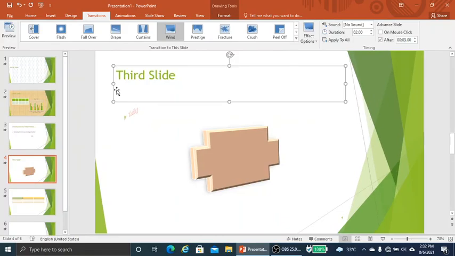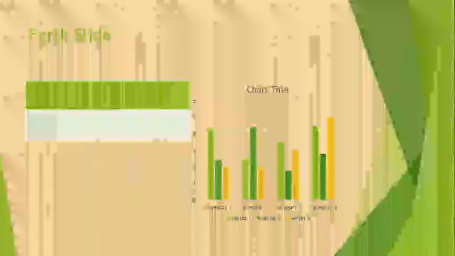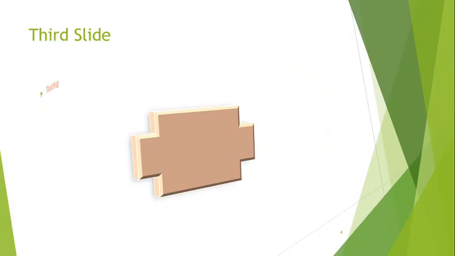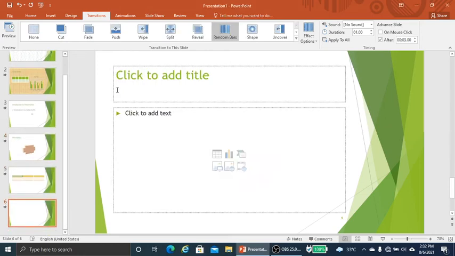See, it is coming windy. When I press F5 and play this, this particular text comes in that design. So you can apply the transition to objects or slides, and we can also undo a transition if you want to remove it.